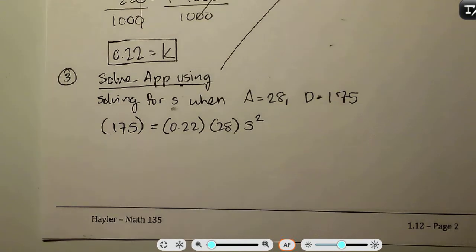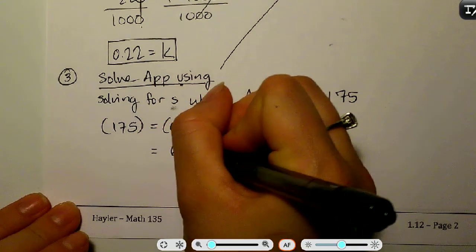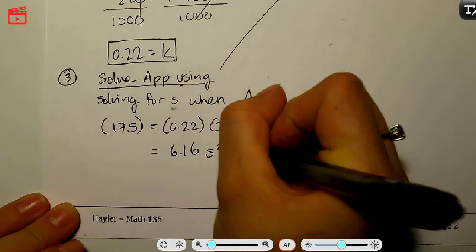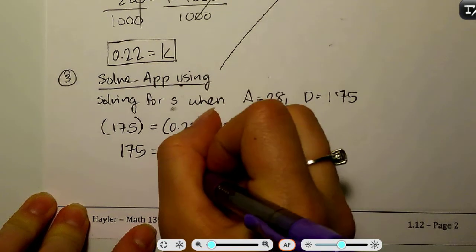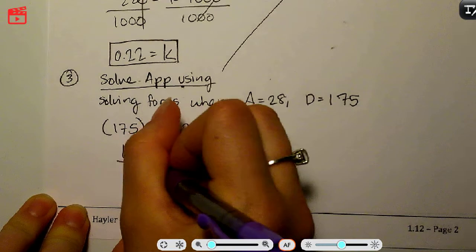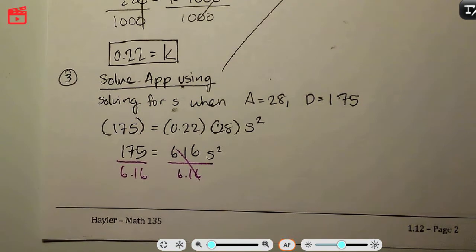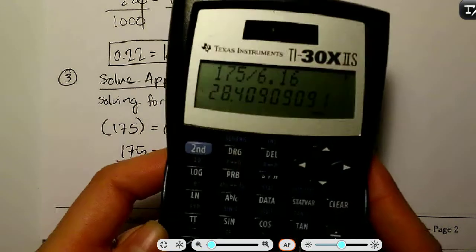All right, let's go ahead. I'm going to multiply that 0.22 times the 28. I get 6.16. Go ahead, divide both sides by 6.16. So plugging that in.